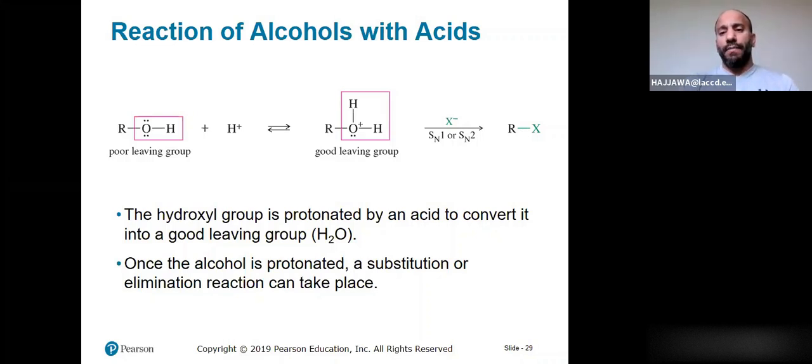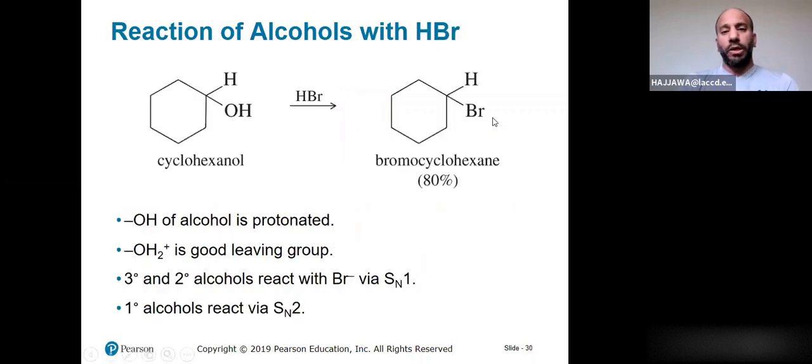So the reaction of alcohol with HBr as an example. You see here the OH being replaced with Br. So how did that happen? Well, the OH will be protonated to give you OH2 plus. OH2 plus will leave, in the case of tertiary and secondary, to give a carbocation.